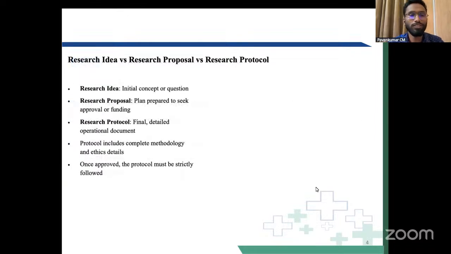Coming to the research idea, we often hear about a research idea, a research proposal, and different kinds of words, and we get confused about what a research idea, a research proposal, and a research protocol are.